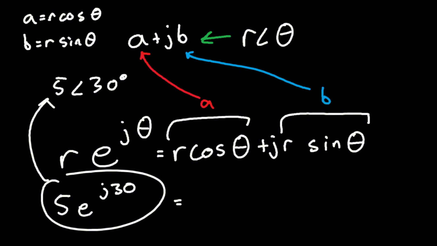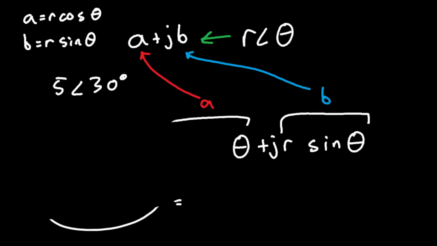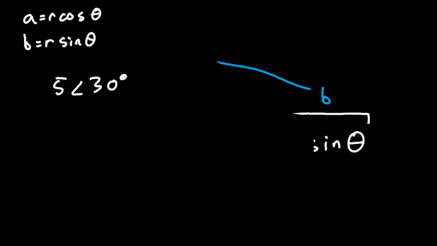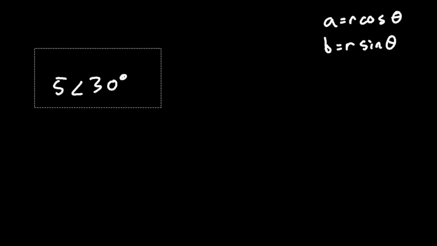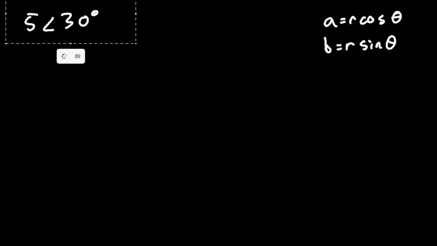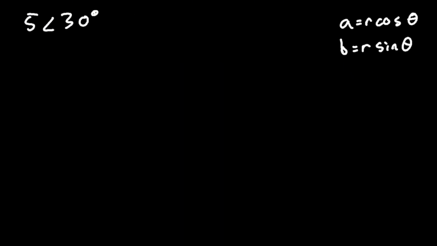So a is equal to r times the cosine of theta, and b is equal to r sine of theta. Okay? So let's erase everything here. We don't need this anymore. We just need our formula, and we just need this polar coordinate. So what we have here is 5 and 30.